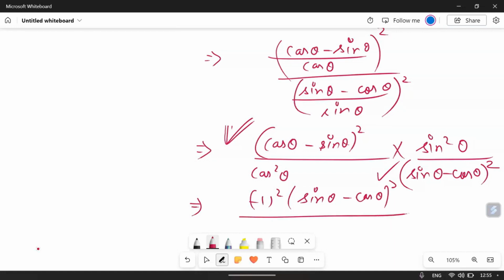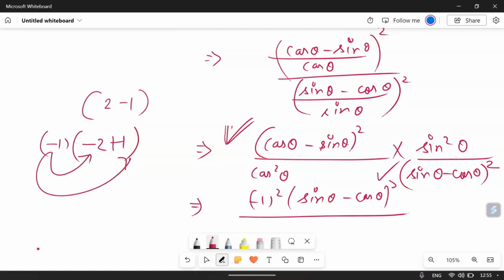Remember, suppose 2 minus 1 is written here. If I take out the minus 1, then it will become minus 2 and minus 1 becomes plus 1. So if you simply multiply it, you will get again this. If there is a square, this square goes on both. Now the same thing happened here.